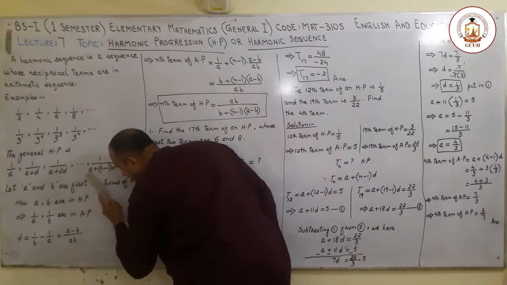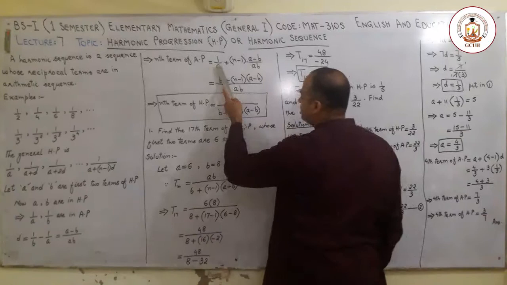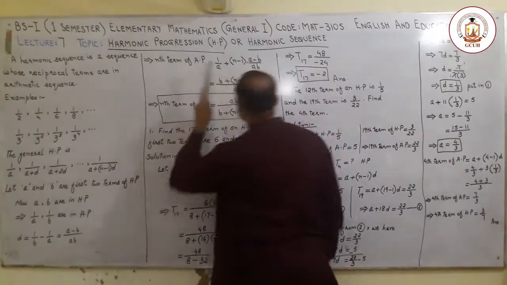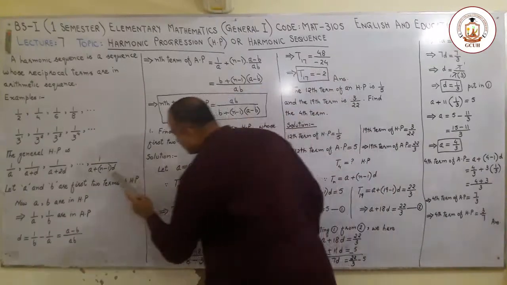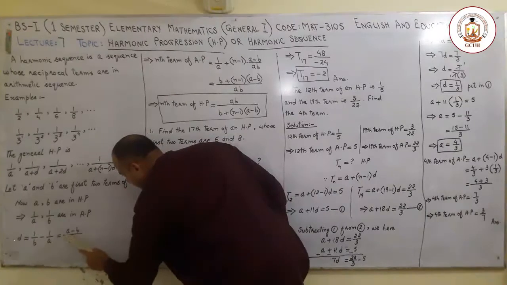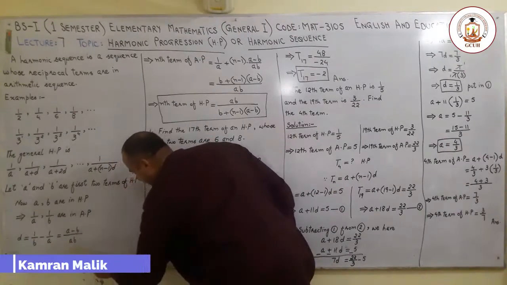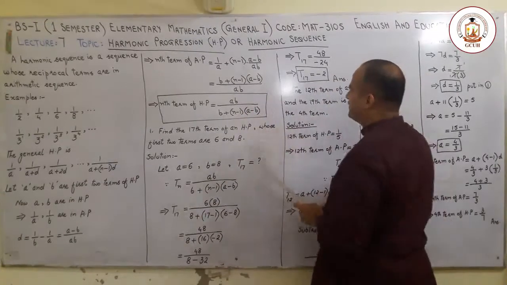So here instead of a, we will substitute 1 upon a, and after this plus sign, n minus 1 is written, and the common difference of this situation is (a minus b) upon ab, which is substituted here in place of common difference.